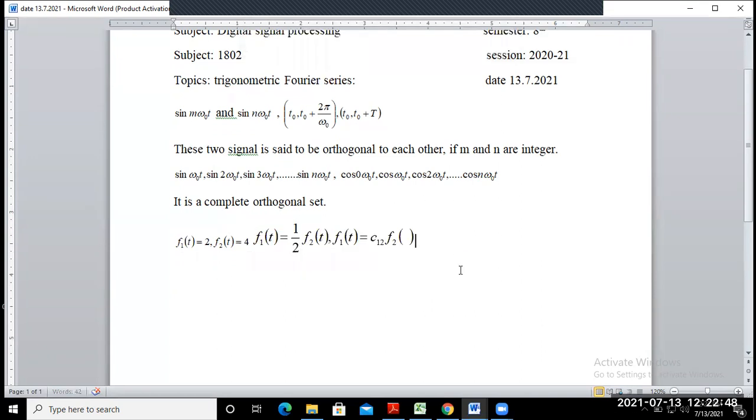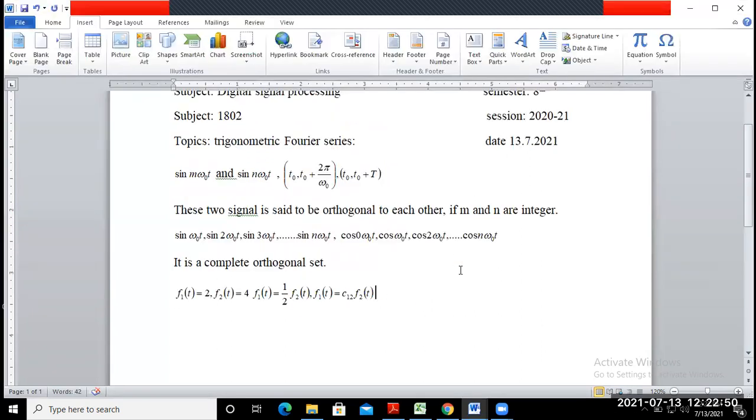f2t, okay. So similarly, how can we represent this set of functions: sin omega naught t, sin 2 omega naught t, sin 3 omega naught t, up to sin n omega naught t, and cos 0 omega naught t, cos omega naught t, cos 2 omega naught t, up to cos n omega naught t. Okay.